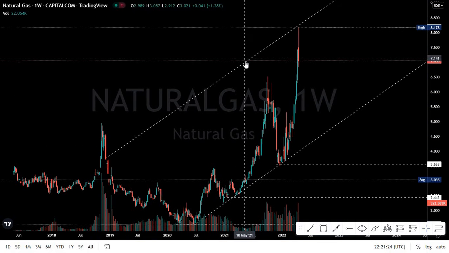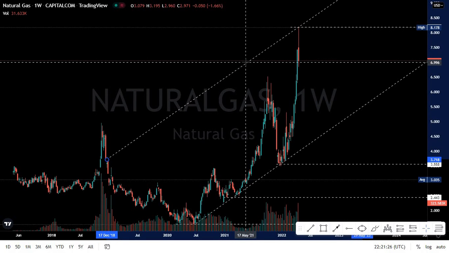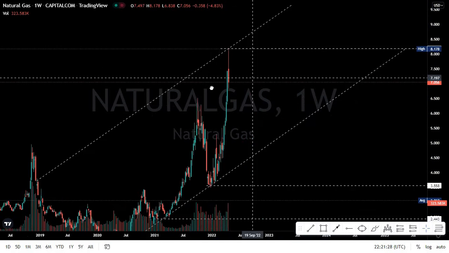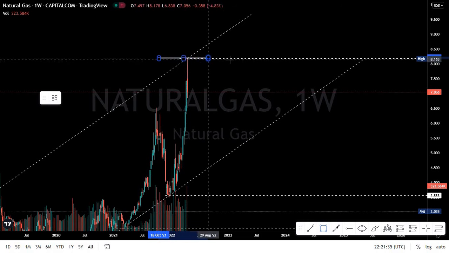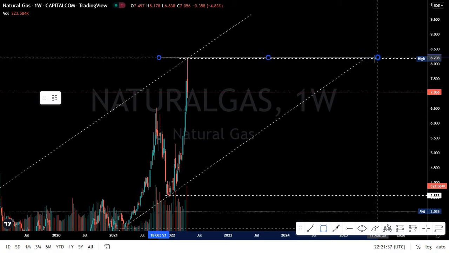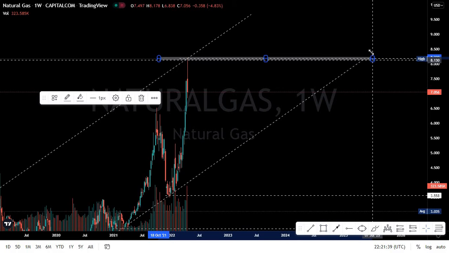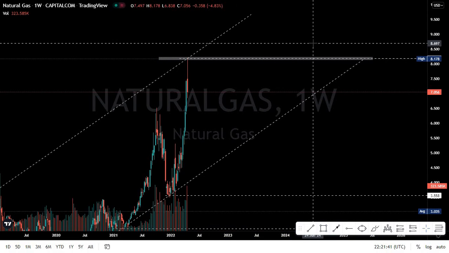So I have my resistance level here. The current situation now on our weekly time frame is price is on a resistance zone at the moment.